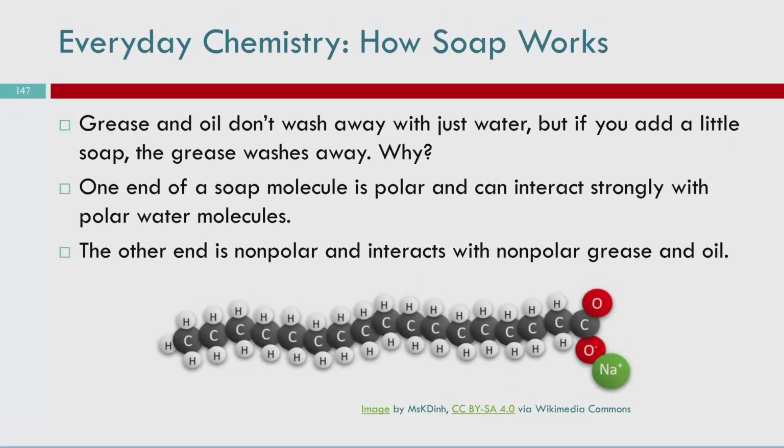So instead, what we use to wash away oil with water is soap. We add a little bit of soap, and soap typically has something that looks like this. So soap has a nonpolar tail or a hydrophobic tail, probably what you'd call it in biology, and a polar head. So it's got a little polar section on the end.